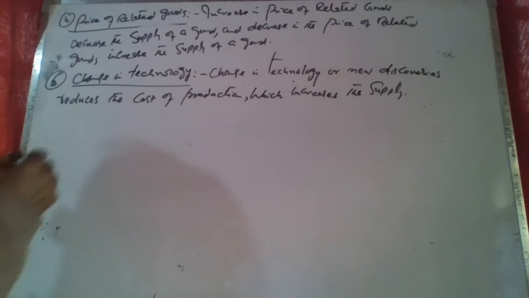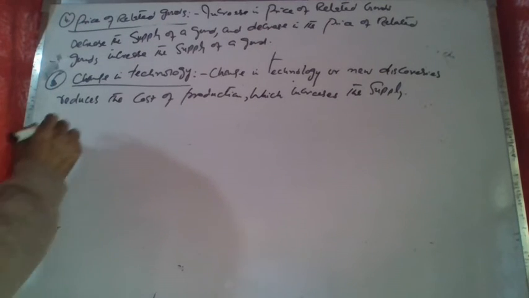Or we can say, if primitive and old technologies are used, that increases the cost, which decreases the supply. So change in technology also plays a role in changing the supply of a good.